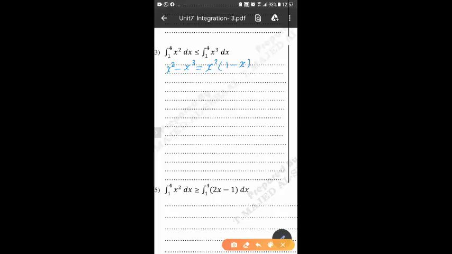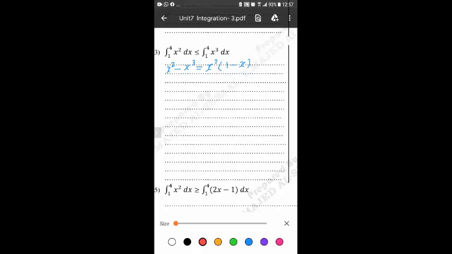Now, I will take two functions. I will take x to the power of 2 and 1 minus x and deal with each one alone.